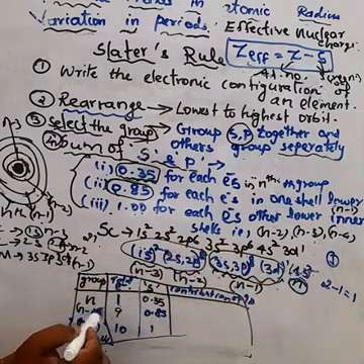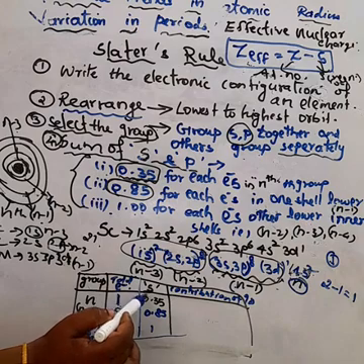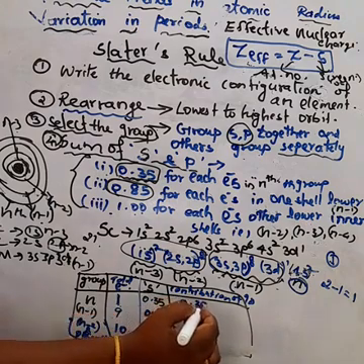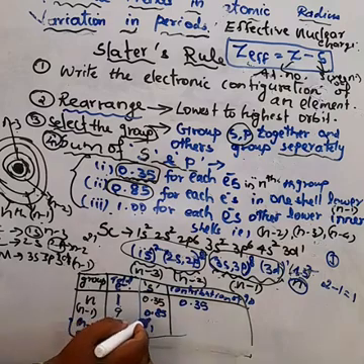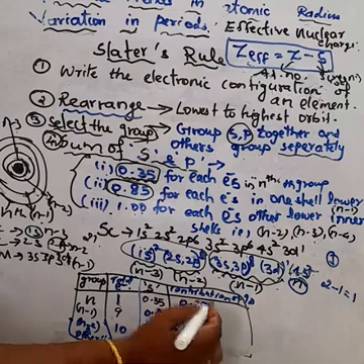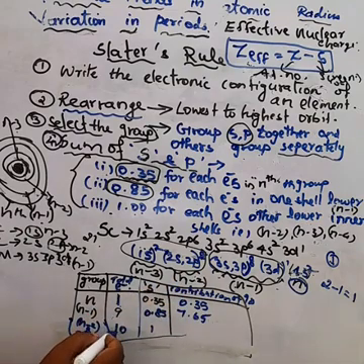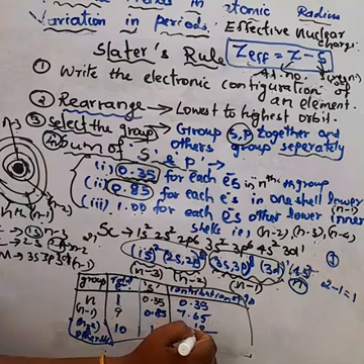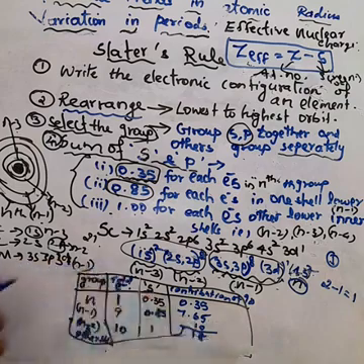So we multiply 1 into 0.35, we get 0.35. And for the n minus 1 group, 9 into 0.85, what is the value? 7.65. And 10 into 1, 10. So when adding these 3 values, we get 18.